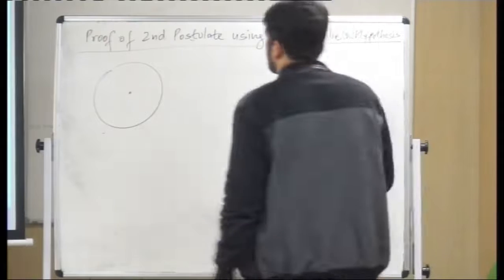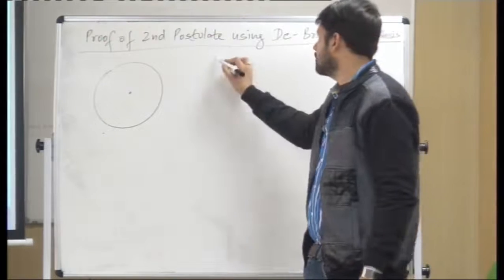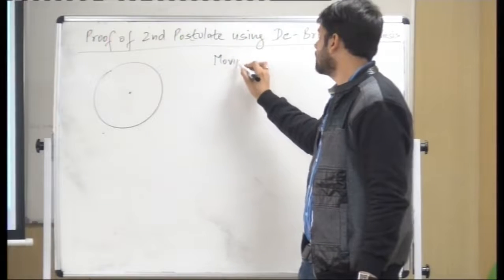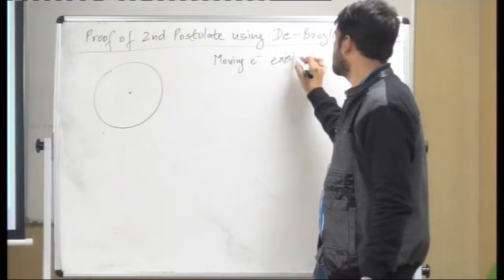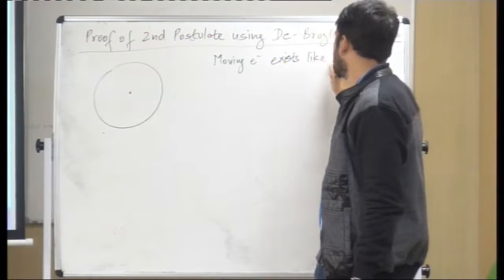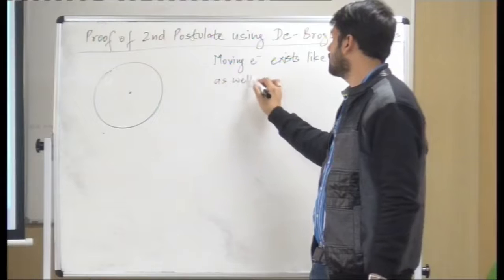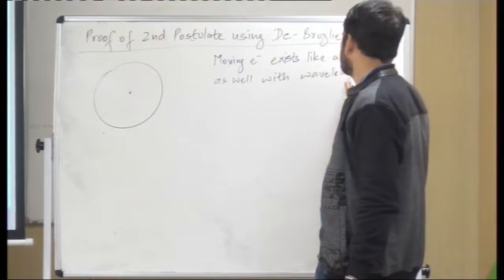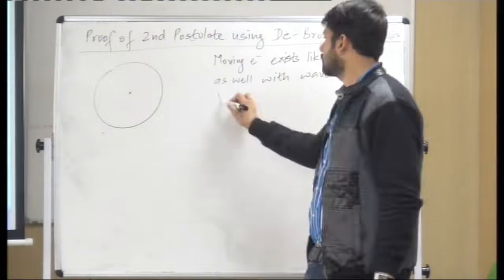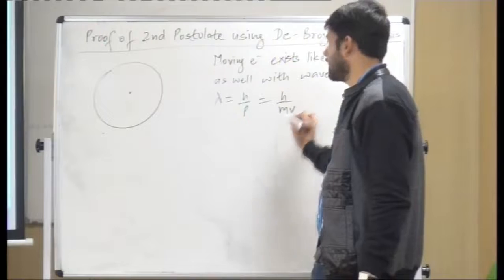So moving electron in the orbit must exist like a wave. So moving electron exists like a wave as well with wavelength h upon p, or which is h upon mv, right?